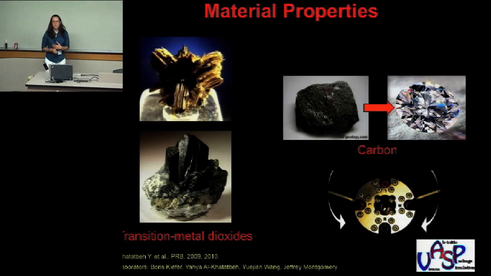So for instance, we can calculate the elastic constants rather easily for these kinds of materials rather than running the experiments, which are more difficult to perform. Not impossible, of course, but more difficult.